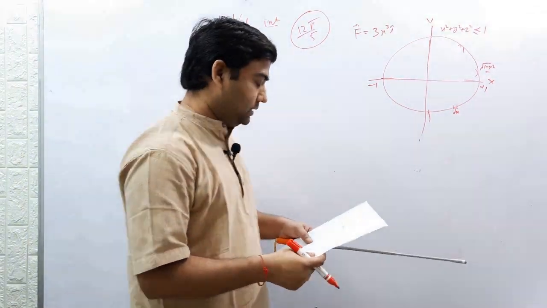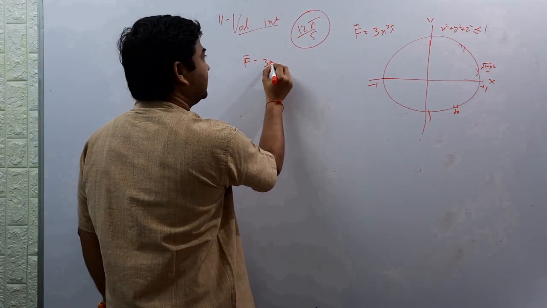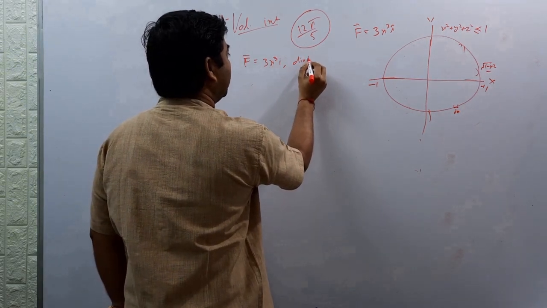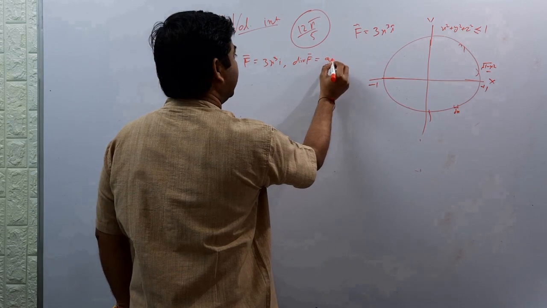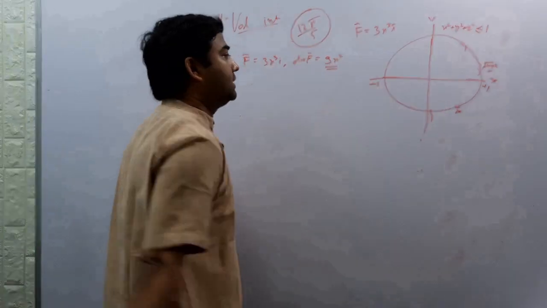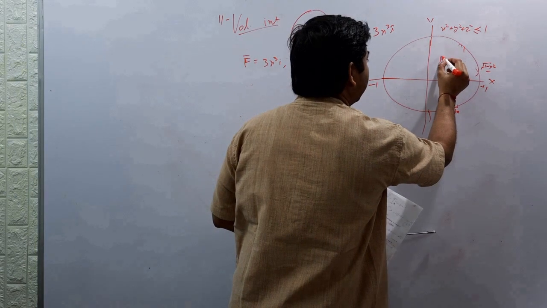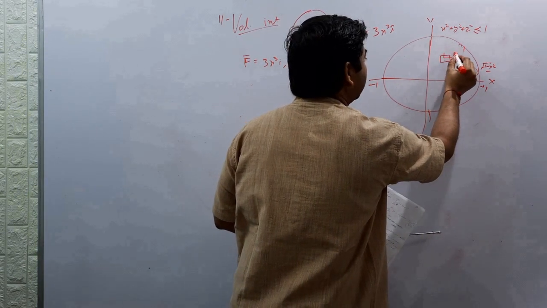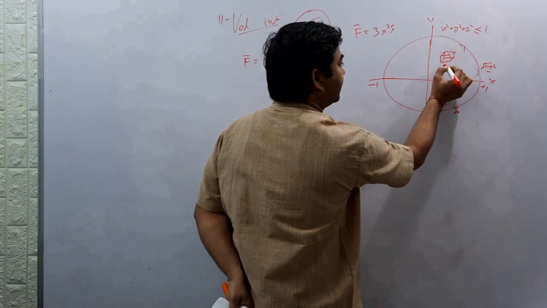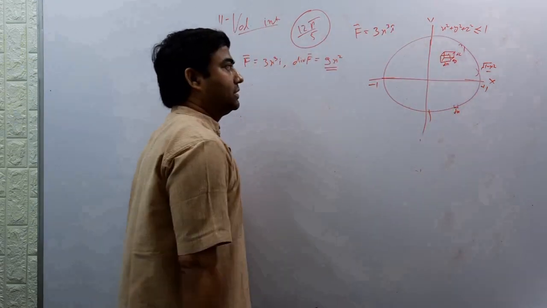So for triple integration purpose we have F equal to 3x cubed i, which means divergence of F is 9x squared. That is the first step. Second step, you can take a small volume having dimensions dx, dy and dz in the xyz direction.